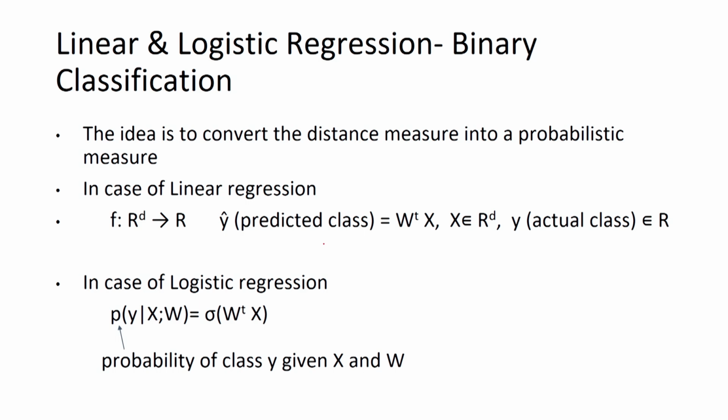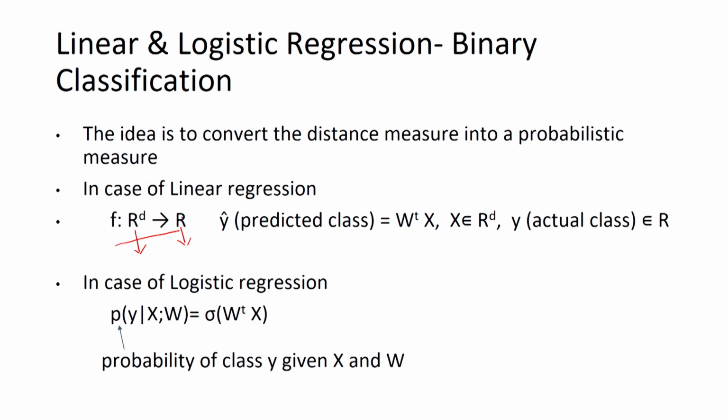So, let us see now. In the case of linear regression, what was the function? Your function was R^d to R, where R^d is your d-dimensional data set with features that are real numbers, and you are mapping it to a single-dimension value.